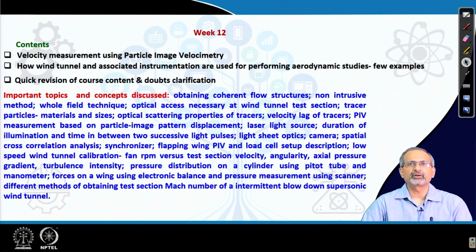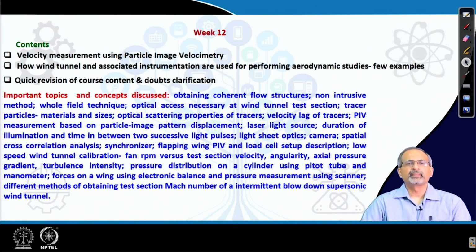started discussing performing experiments, because we tried to establish the need of calibrating a wind tunnel before we perform experiments. Then we discussed some very simple experiments like trying to obtain pressure distribution on a cylinder or an airfoil using pitot tube and manometer, that is by mechanical means, or to obtain forces on a wing using electronic balance and pressure measurement by using a scanner.